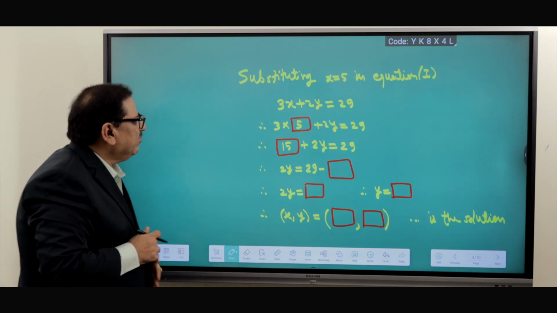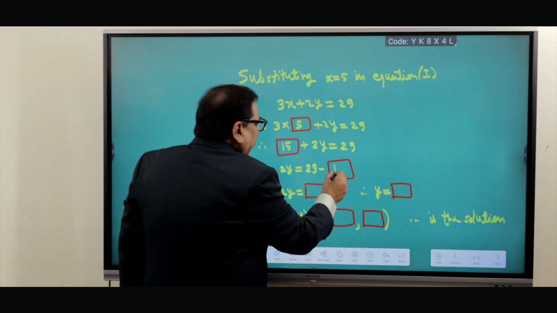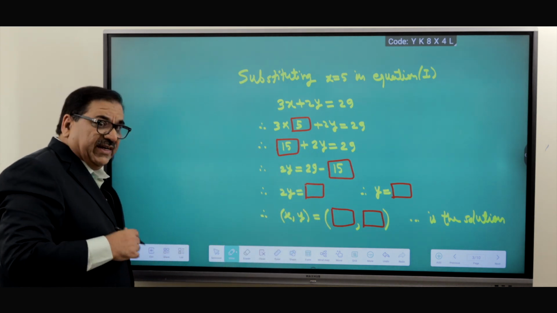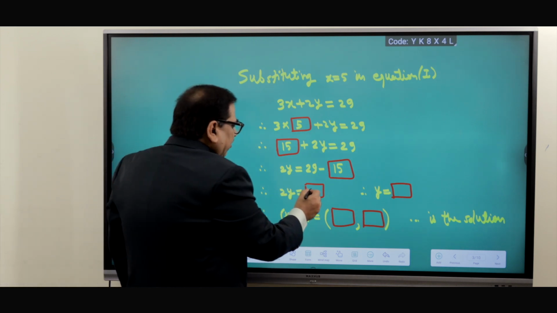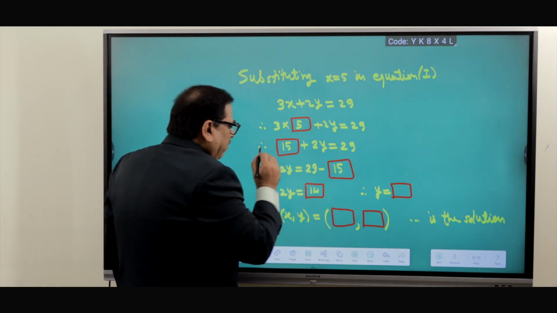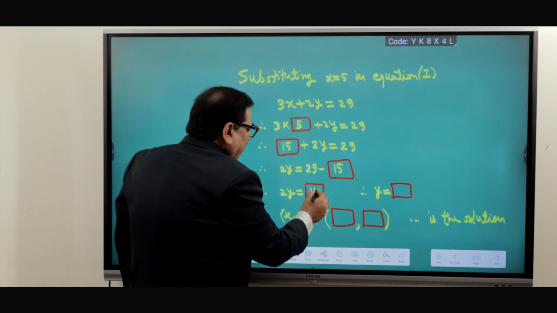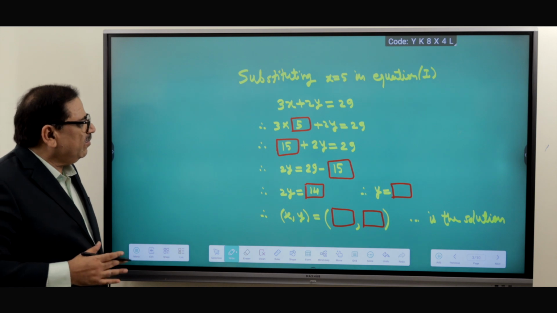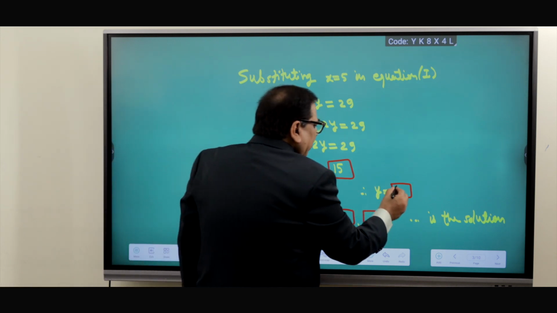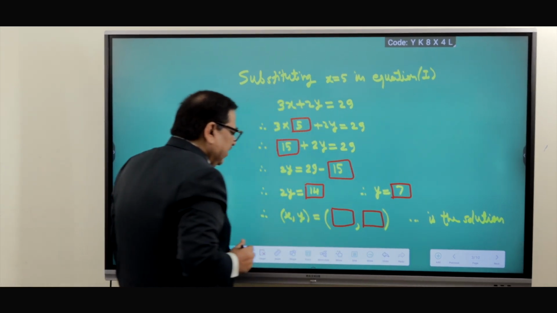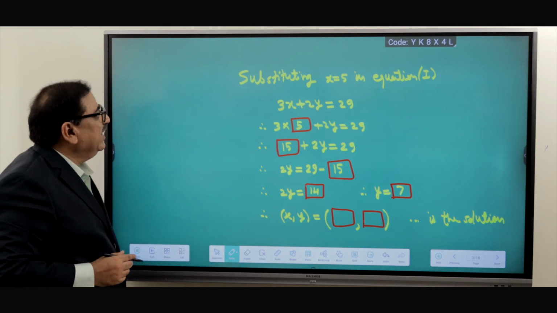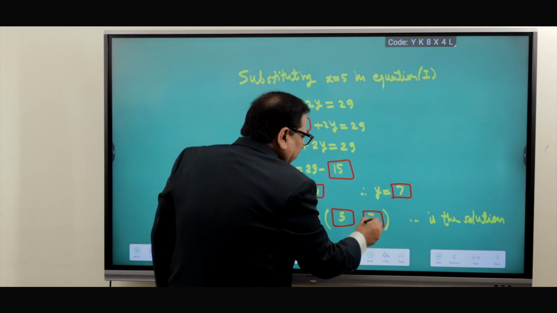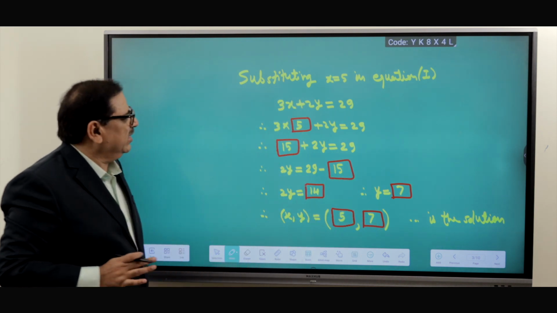Therefore 2y is equal to 29 minus 15, which is 14. Therefore y is equal to 7. And therefore x is equal to 5 and y is equal to 7 is the solution.